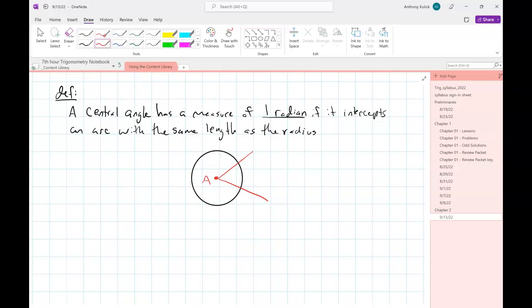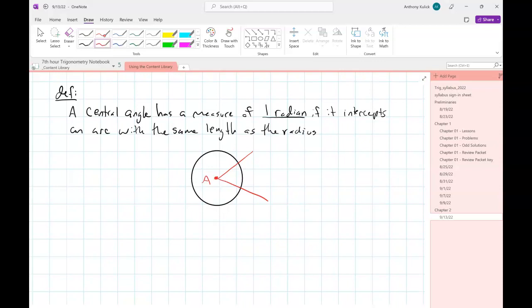Then I say, if it intercepts, what does intercept mean? Yeah, Ryan? Yeah, crosses, runs into, intersects, all of those are equivalent. Okay, so it's got to run into something or cross something.